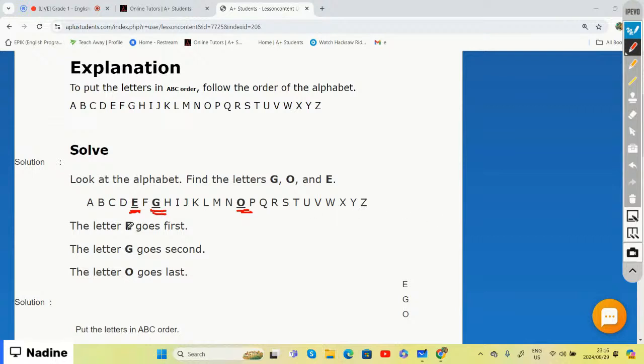So we say that E goes first, then we have G, and then O goes last. And if we look at that word, the word that it makes is ego.